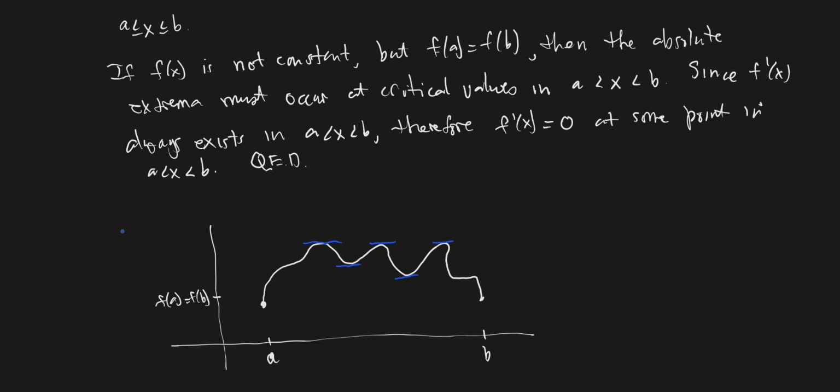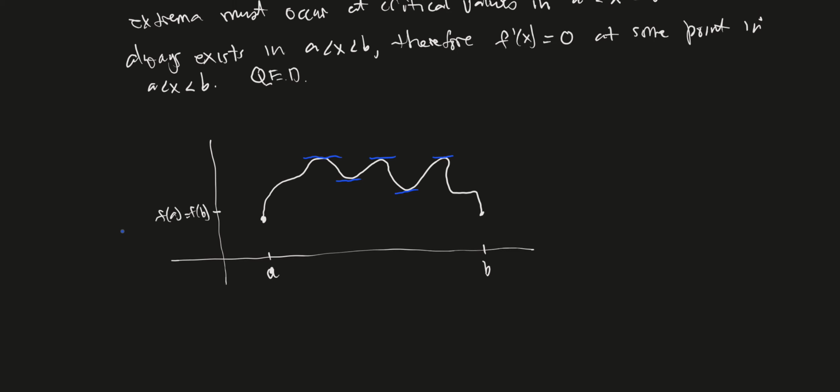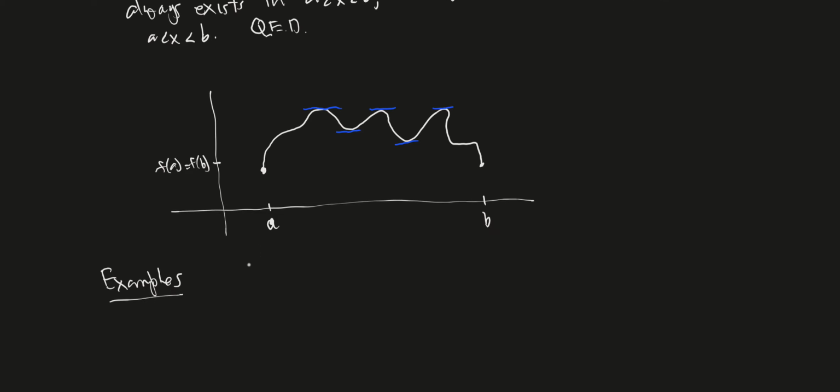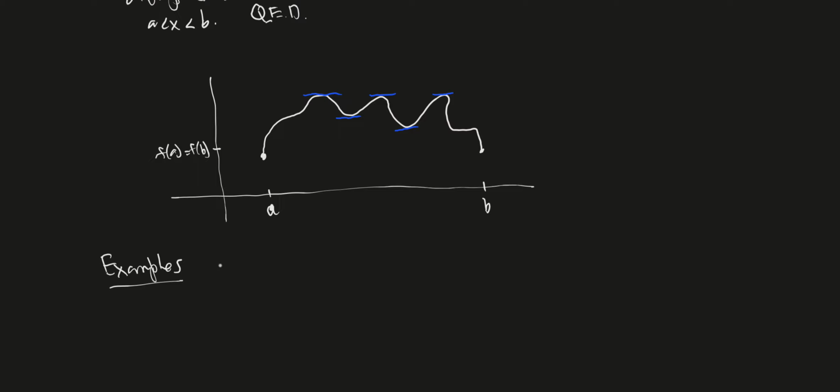All right. Okay, so let's take a look at a couple examples of this. What we're going to do with these examples is go through just a few functions and check to see if the theorem applies. And if the theorem does apply, we are going to find these special points inside the interval.